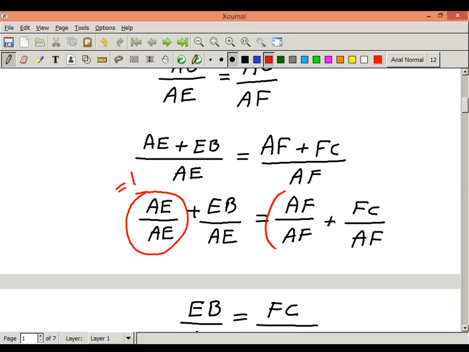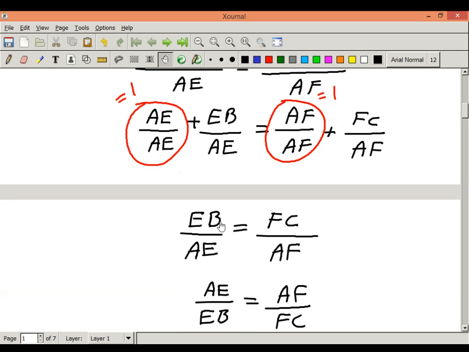And this fraction is equal to 1 because it's AF divided by AF. And so those can both be subtracted from the equation because you're subtracting 1 from both sides. And so you end up with just EB divided by AE equals FC divided by AF after you subtract out those two ones.